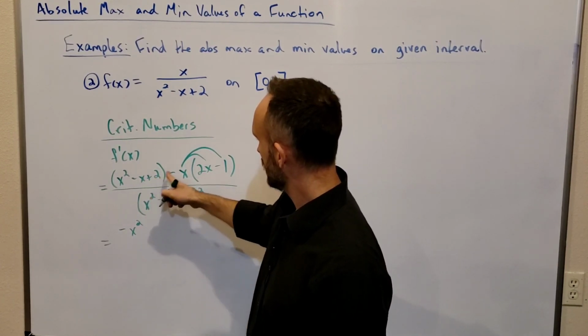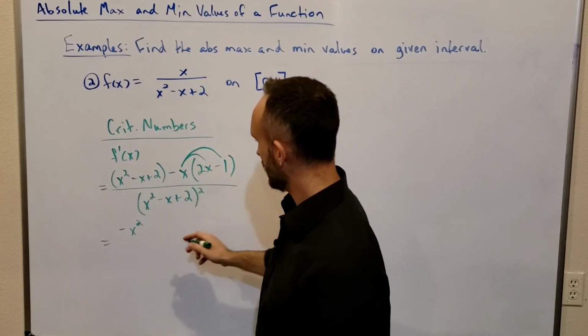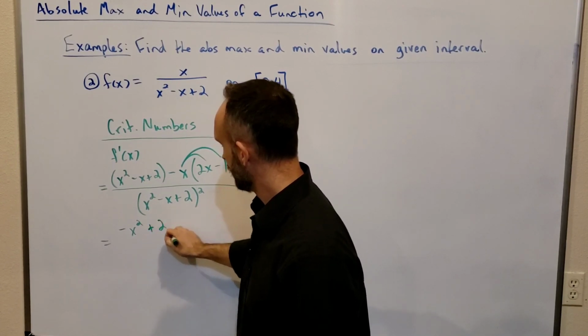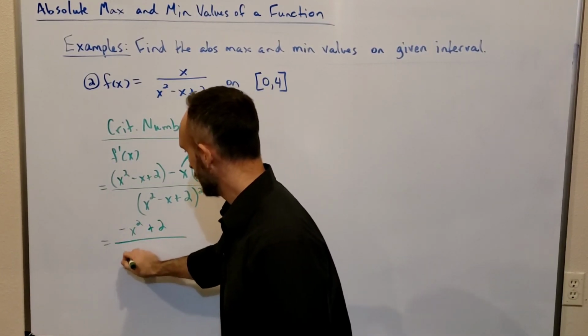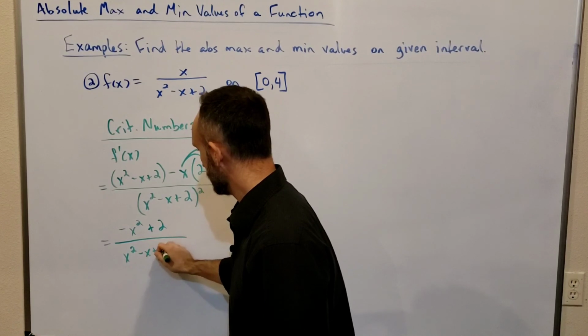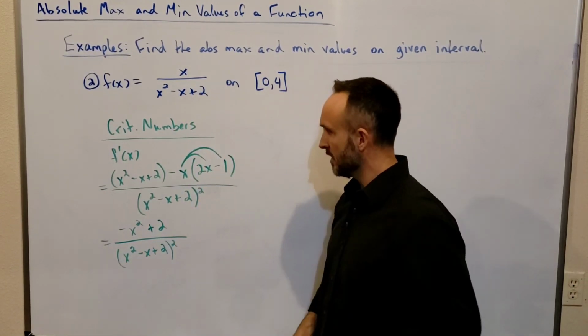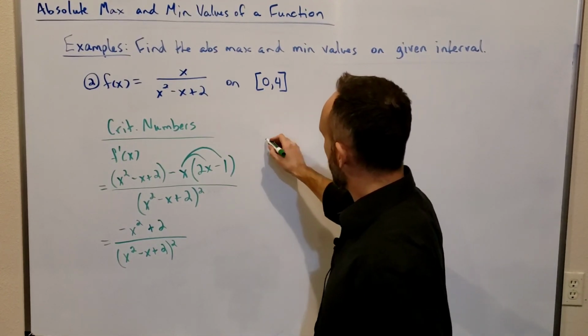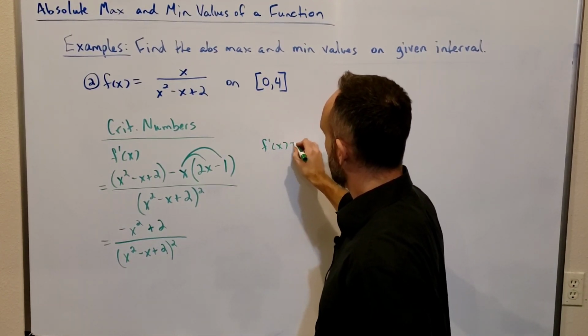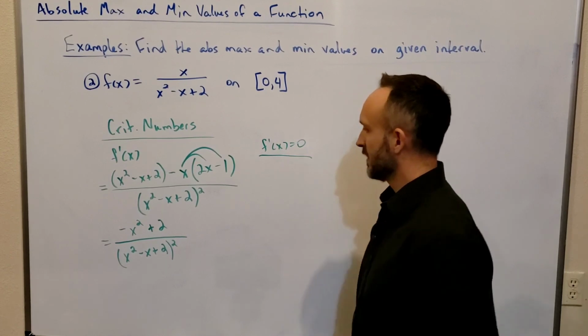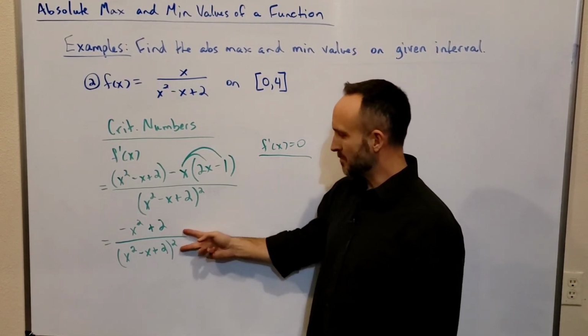I have 2, and that's my only constant, so plus 2. And all of this is over x squared minus x plus 2, quantity squared. Okay? So now I have to figure out where f prime of x equals 0.